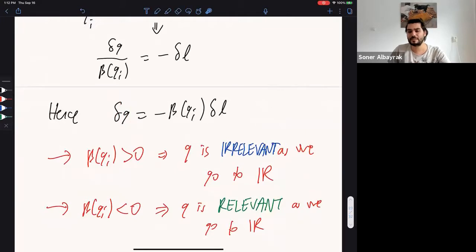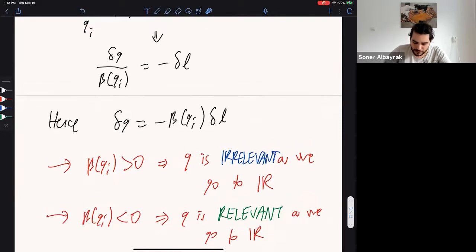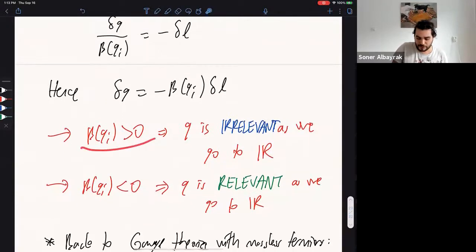You may remember we discussed relevant and irrelevant directions, coupling constants. That means, let's say, g equals 0 is the fixed point, and I move it away a little bit. I took g_i a little bit away from the fixed point. It's very small, but positive. But then delta g is negative. It takes it back to the fixed point if the beta function is positive.